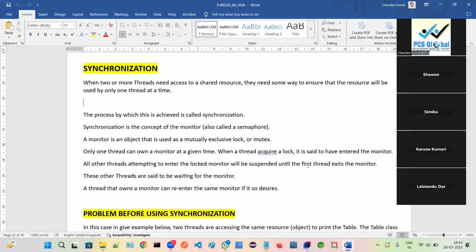So this is our life cycle, from beginning to the end. Like a movie we are watching, from beginning to the end: the start of the movie, the middle, and at the end the movie finishes. So that is the life cycle.